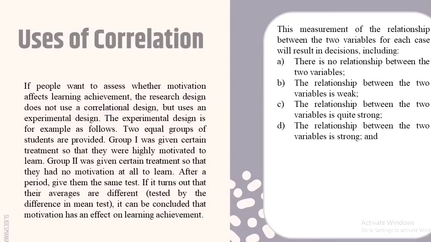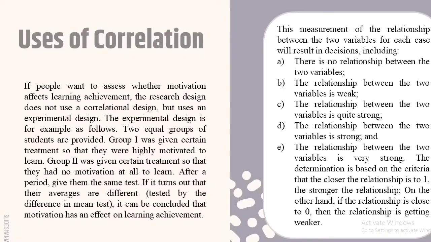And the last, E. The relationship between the two variables is very strong. The determination is based on the criteria that the closer the relationship is to 1, the stronger the relationship. On the other hand, if the relationship is close to 0, then the relationship is getting weaker.